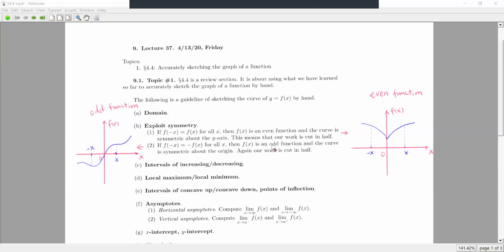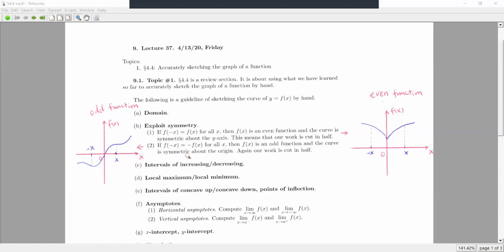When a function is an odd function, again, our work can be cut in half. We just need to focus on the sketch on the right half plane. After we get the portion on the right half plane, we rotate this portion about the origin 180 degrees to complete the whole graph of the function f.